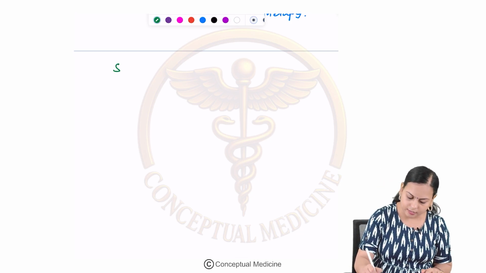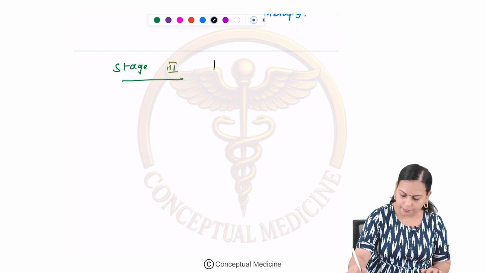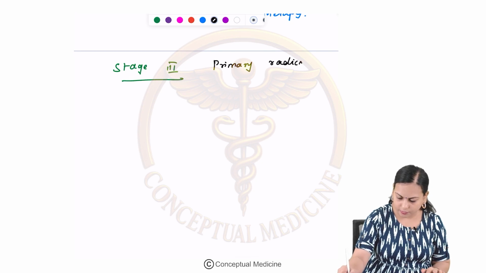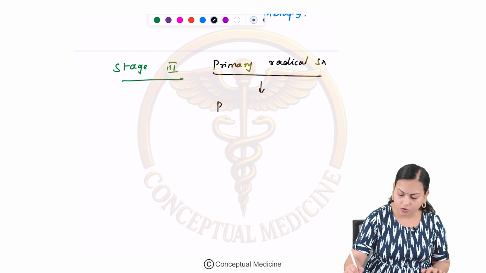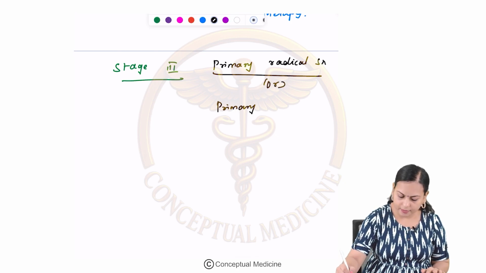Okay, then stage 3, you will do a primary radical surgery if possible, or you can even offer her primary radiation.